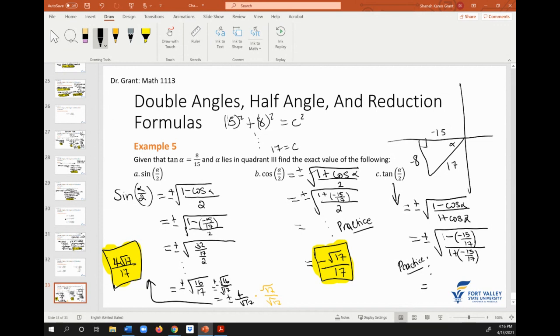Since tangent is negative in quadrant 2, we're going to have a negative solution here. Sine is the only thing that's positive in quadrant 2.